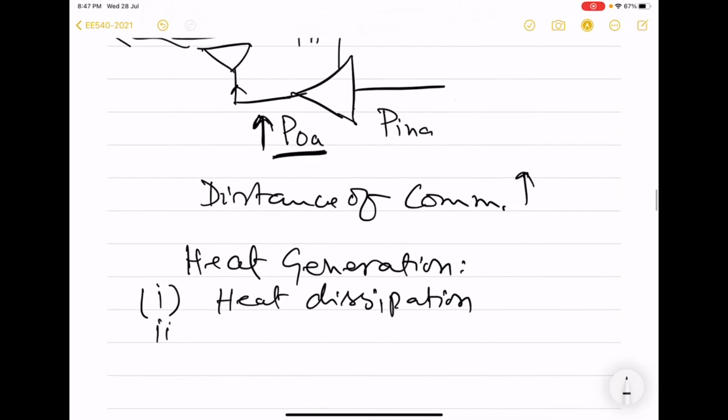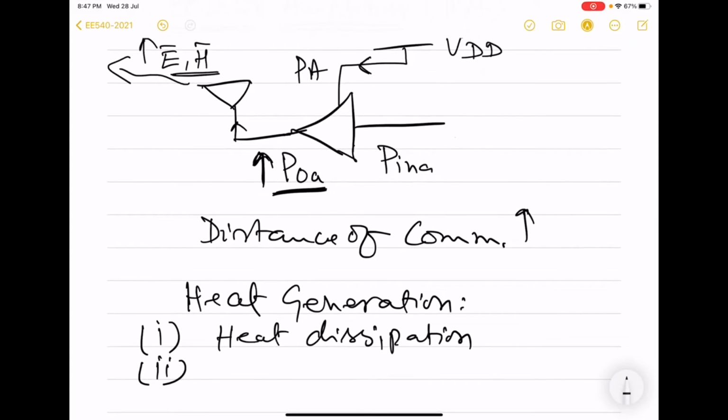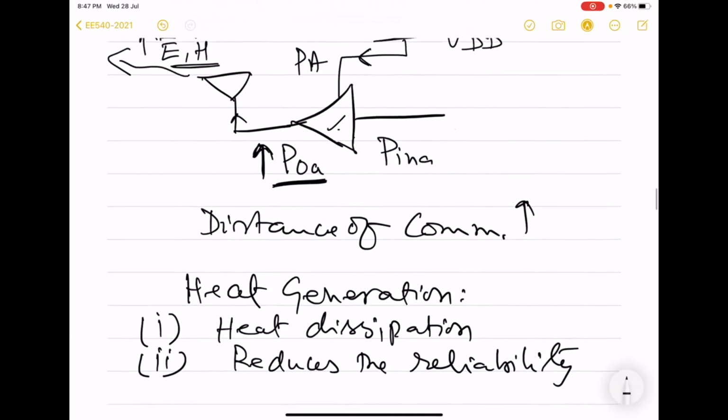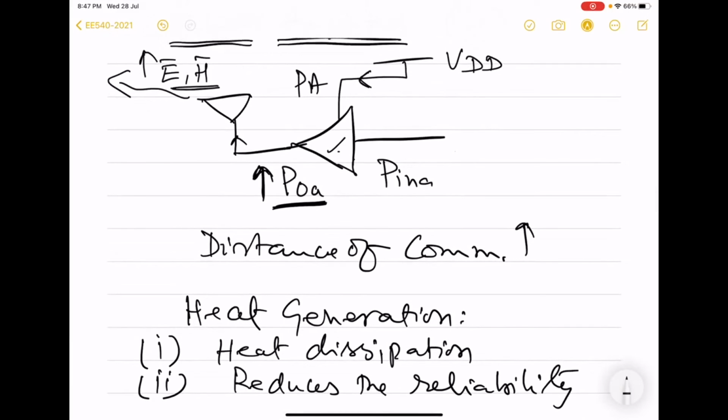And wherever a lot of heat is generated, it reduces the life of the system. For example, here of the power amplifier, or in other words, it reduces reliability. So these are the two undesired consequences of the heat generation in a system where a lot of power is handled.